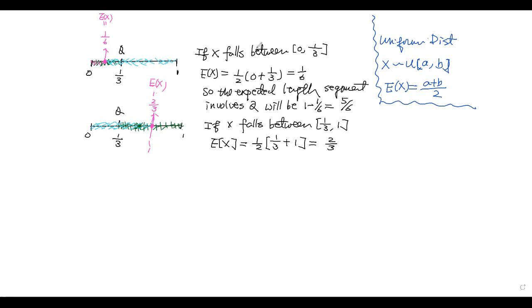So now I know, if x falls here, the expected length is 5/6. If x falls here, the expected length will be 2/3. But what is the chance?